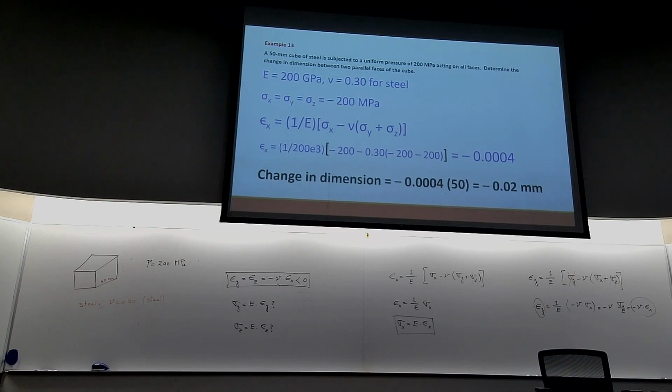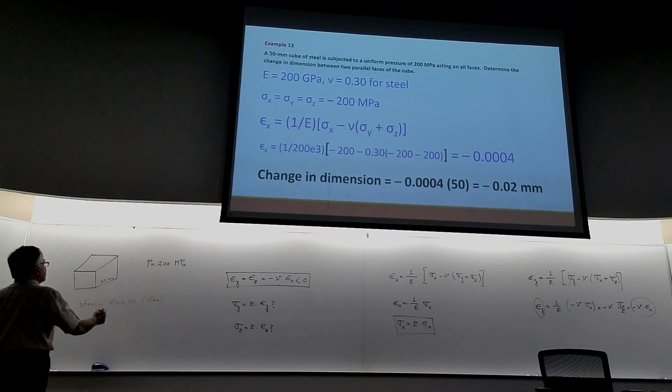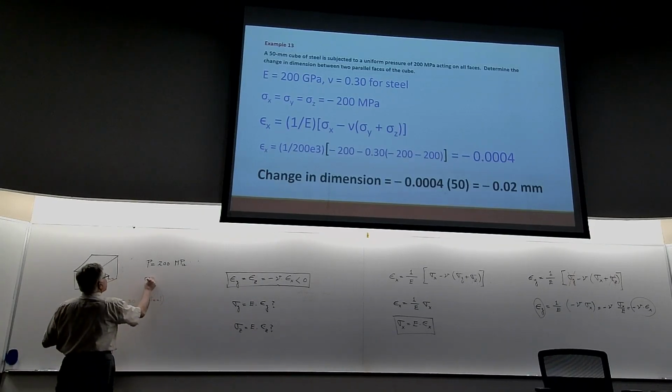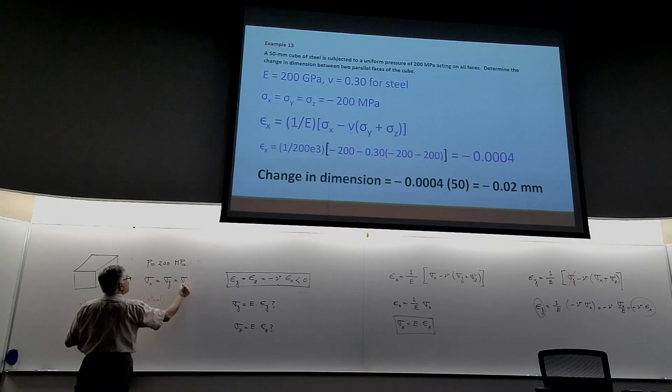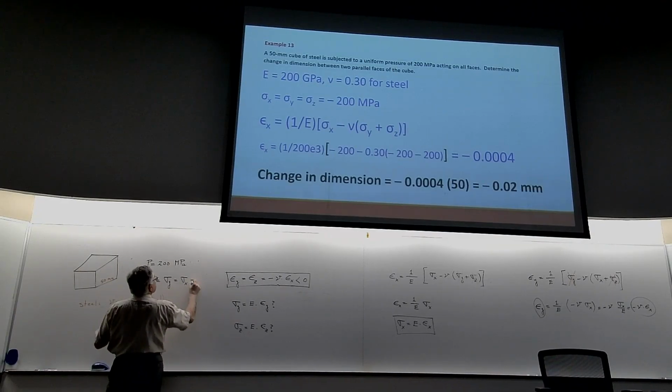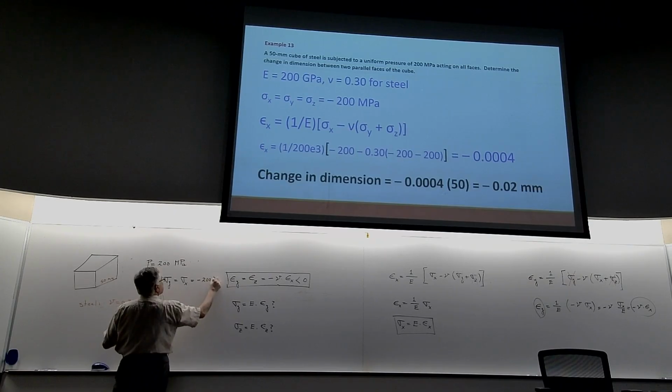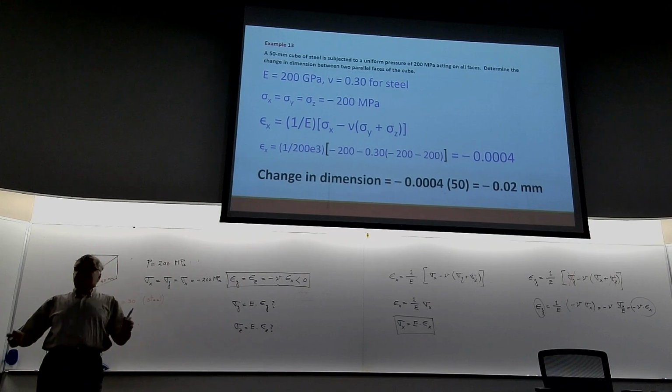In solids, we use positive sigma for tension. So what this means is that our sigma, which is clearly the same in all directions for this problem, is minus 200 megapascal because it's compressive.